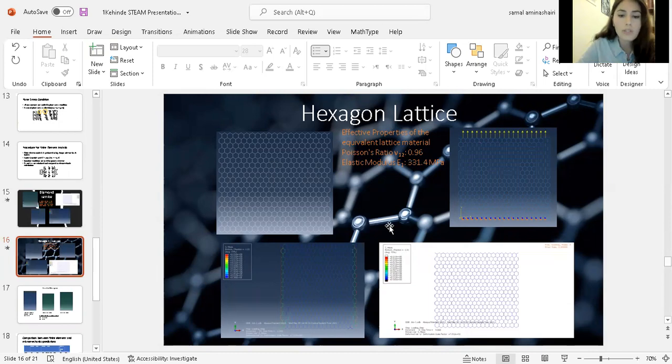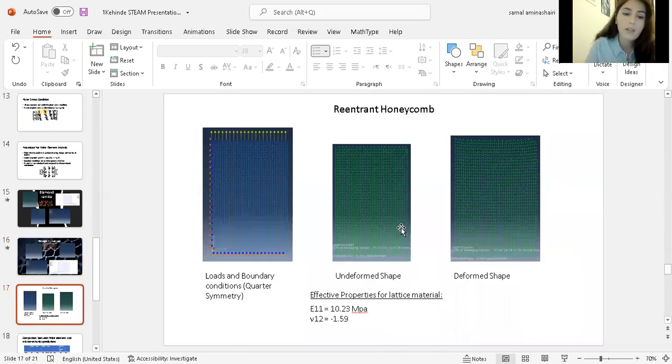Again, the Poisson's ratio is close to that expected for a mechanism, which is 0.96. And this is the result for reentrant honeycomb. As expected, we get a negative Poisson's ratio, and the lattice is much softer than either the diamond or the hexagon.